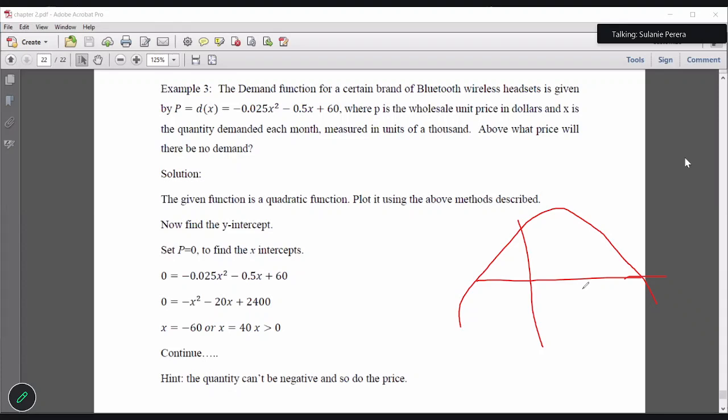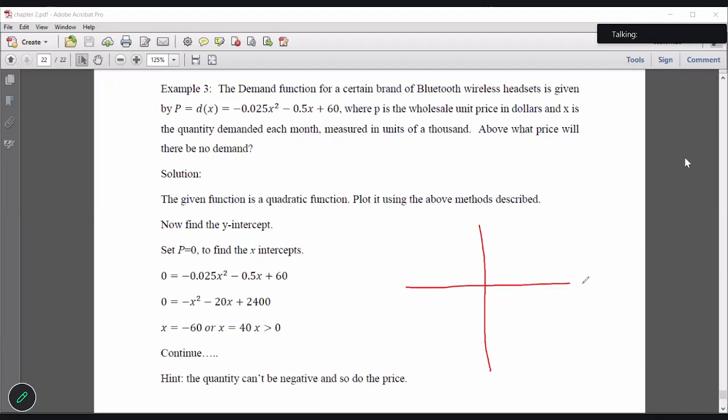So if this is the graph, you have to determine beyond which price there will be no demand.